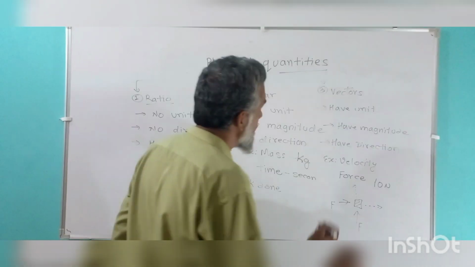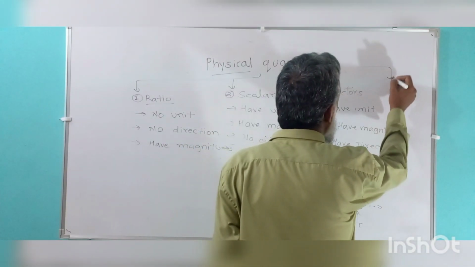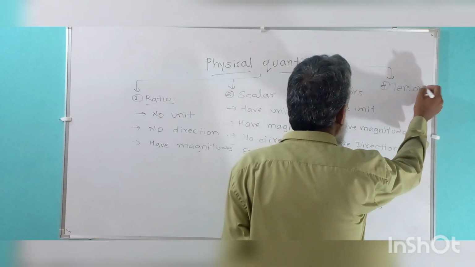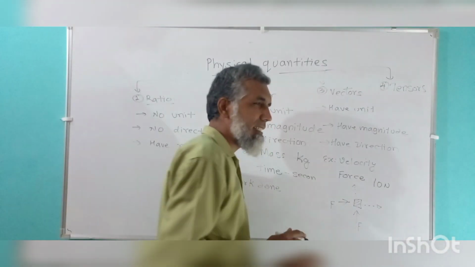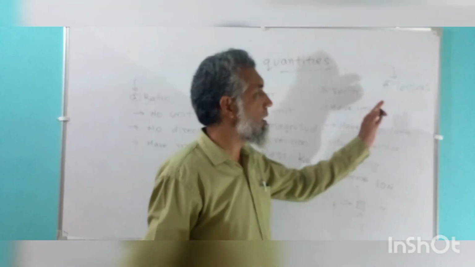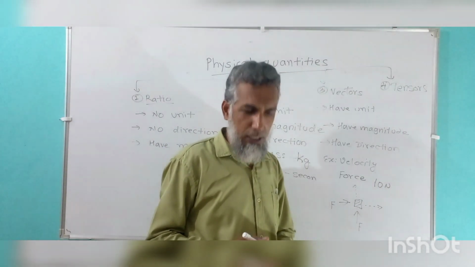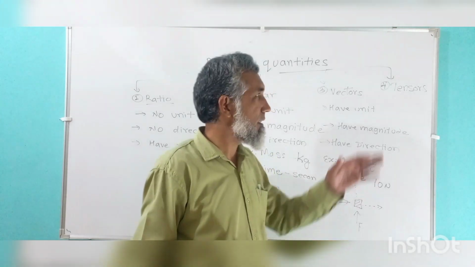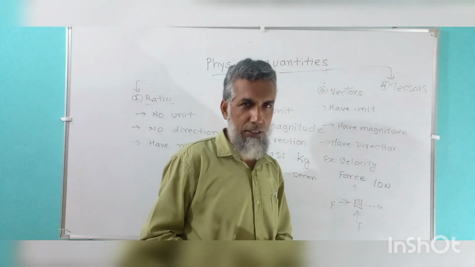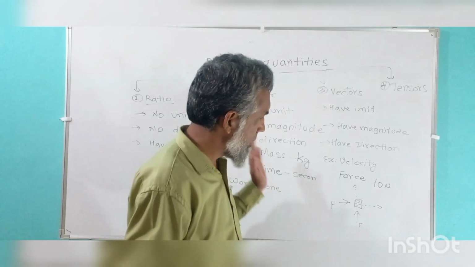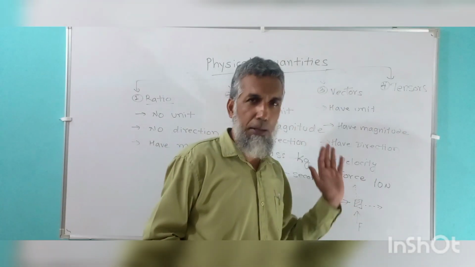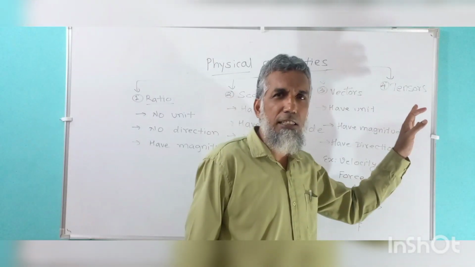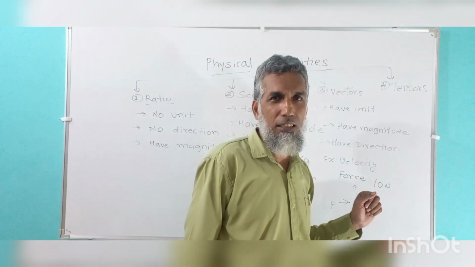And then the fourth one is tensors. Tensors are not included in the syllabus up to the 12th level. They are studied at higher levels. But in connection with this, I am giving a simple definition. Tensors are quantities that are a little bit complicated to understand.